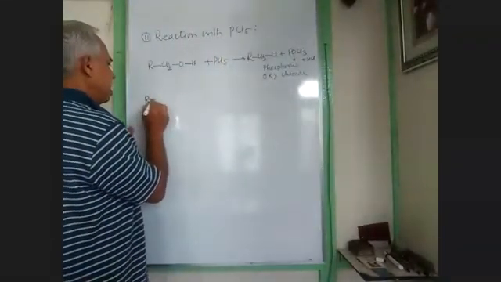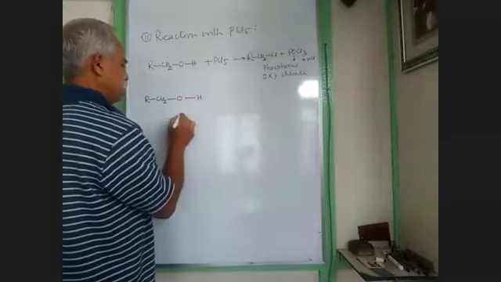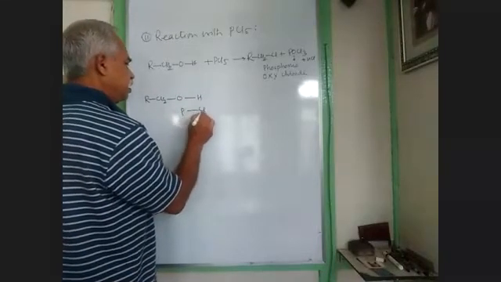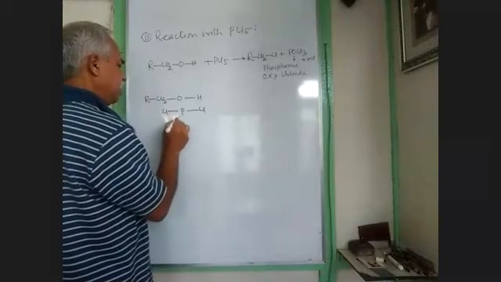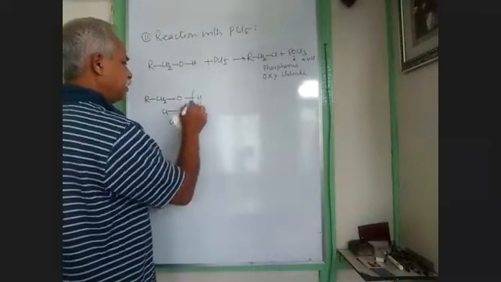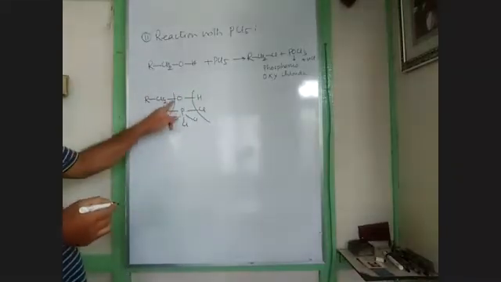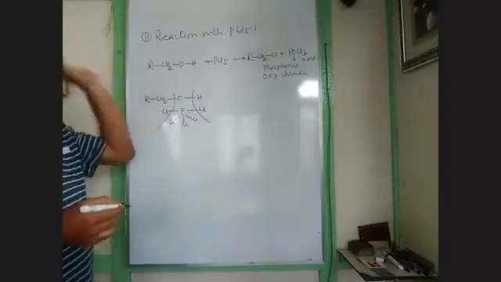Then I'll show you the technique to remember. See here. RCH2OH. Right. P Cl Cl Cl Cl Cl. Now you break it like this. See, RCH2Cl, POCl3, and HCl.